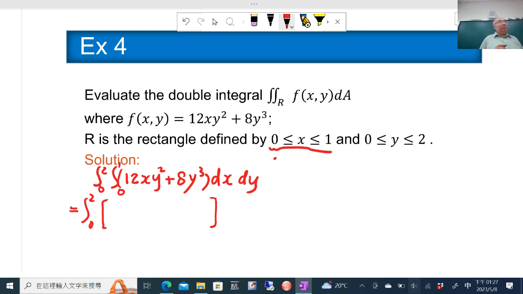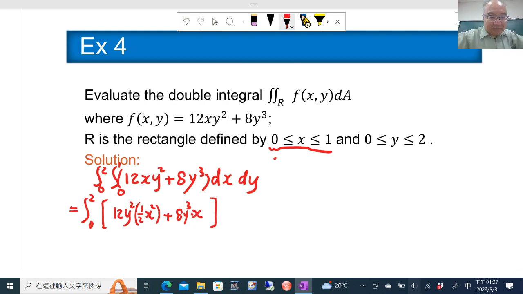since I'm dealing with the variable x, 12y squared is the constant coefficient of the x variable, and the antiderivative for x is 1/2 of x squared for the first term, right? In the second term, the whole a times y to the power 3 is a constant, and the integration of a constant is simply x.